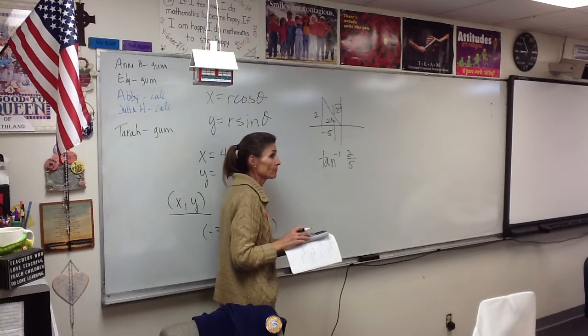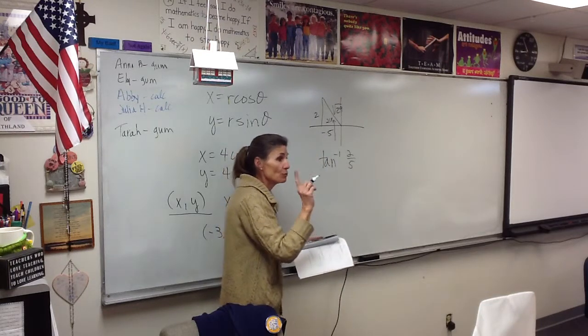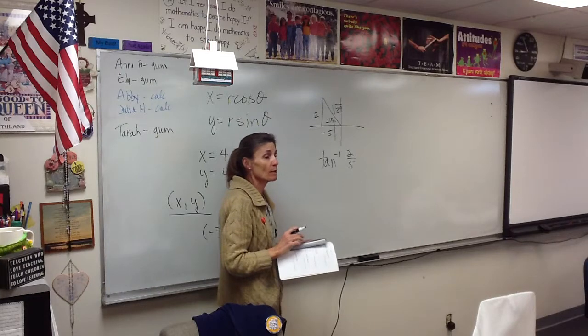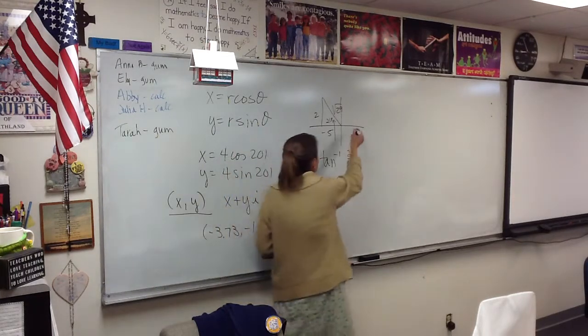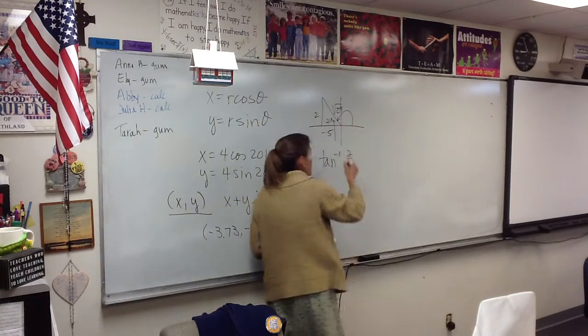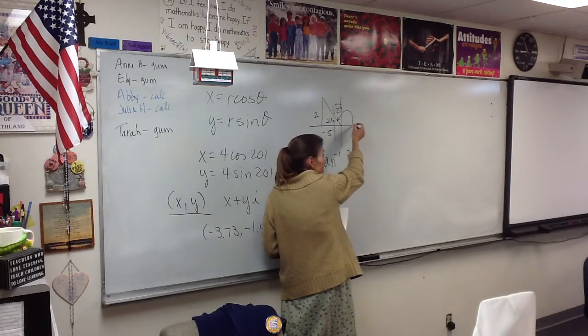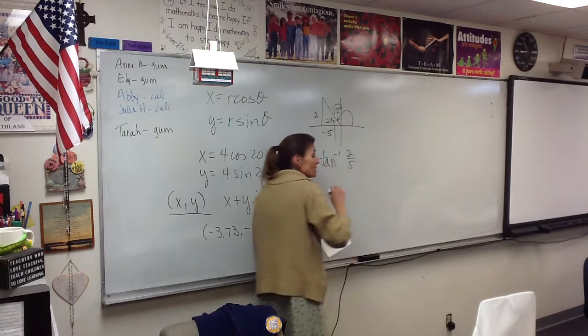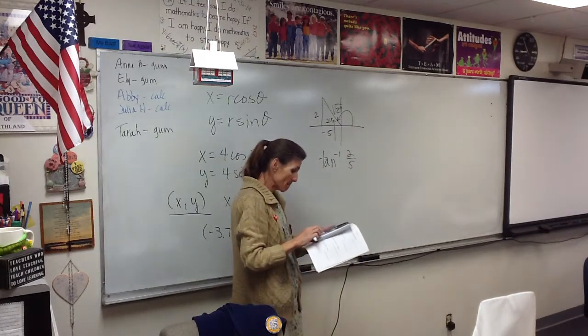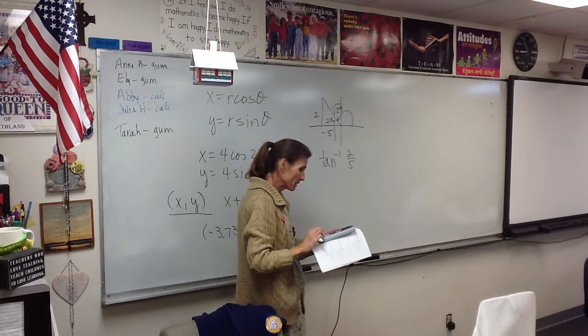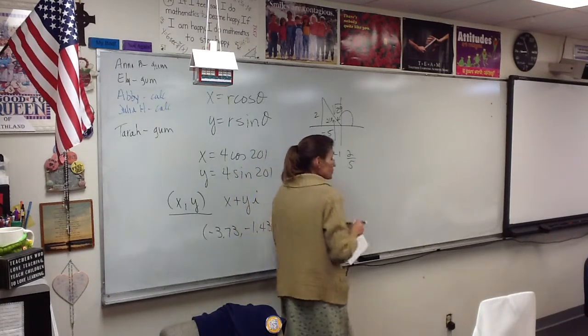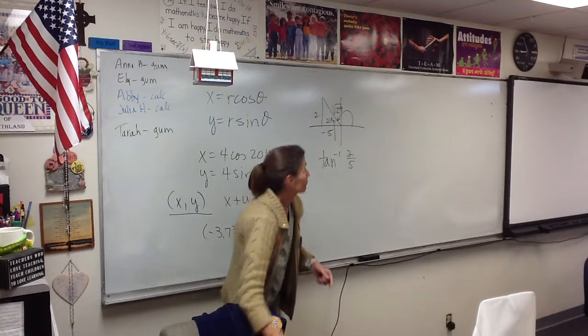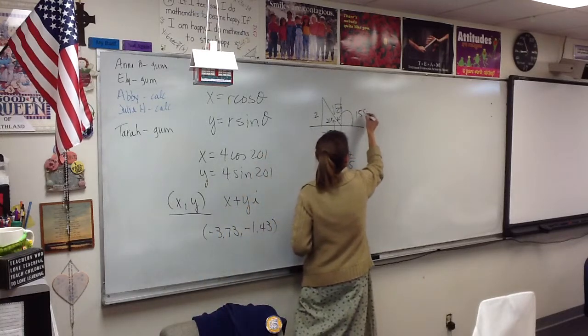Did you? Do not put down 21.8 as the answer, though. The answer is this angle. Remember, we always start here. This is the angle. So I'll take 180 minus that. 158.2. So theta is 158.2.